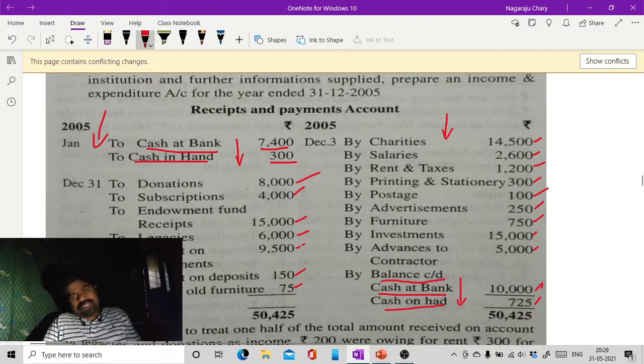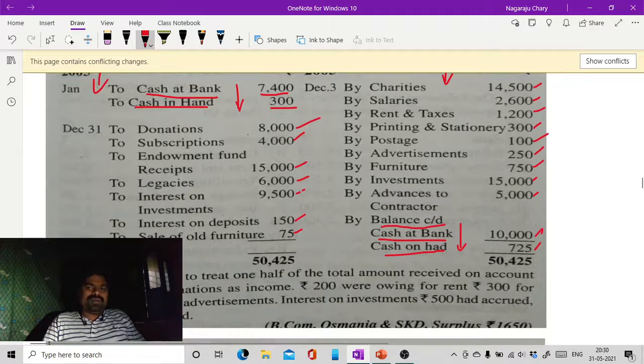Salaries has been paid. This is repetitive in nature. Salaries every month is to be paid. So for each and every item, you have to think whether it is a revenue item or not. If it is a capital item, don't take it into consideration. If it is a revenue item, you have to take it into consideration.